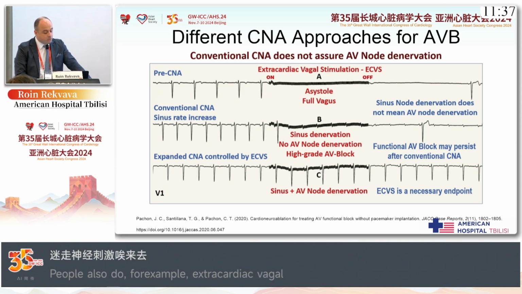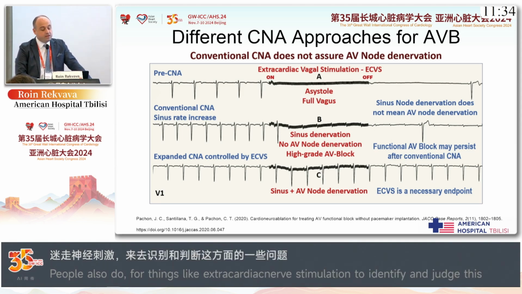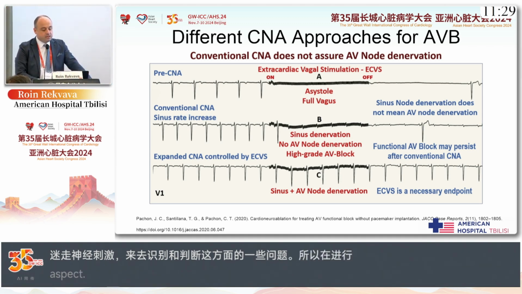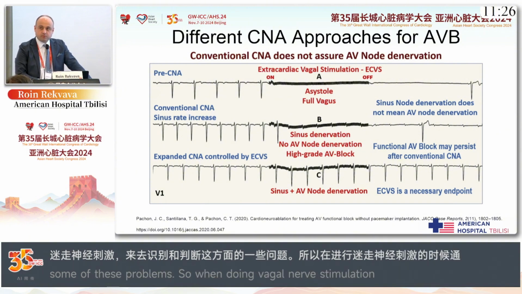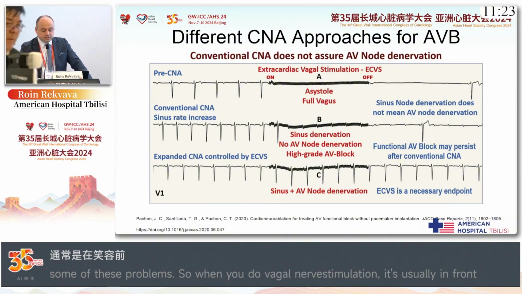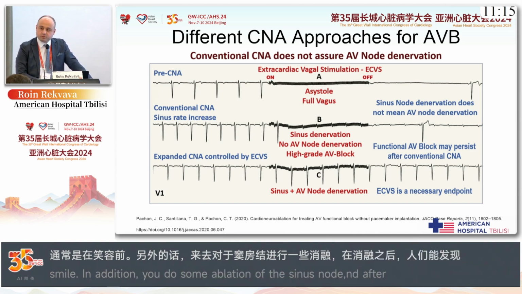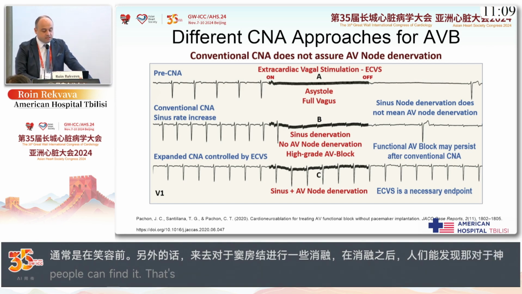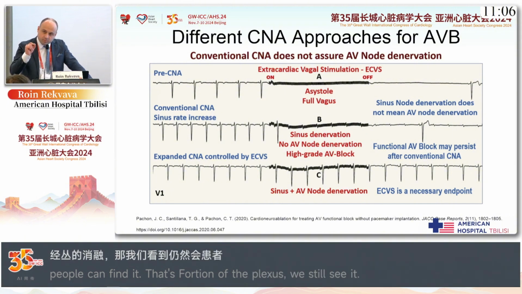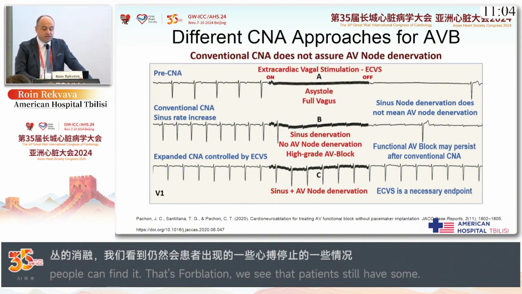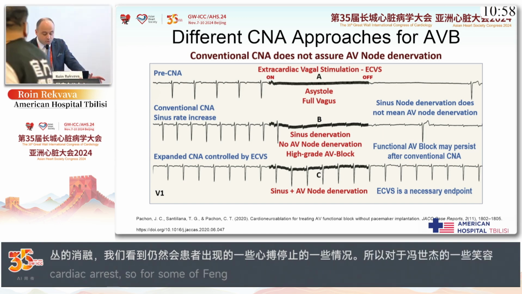And Pachon and co-authors showed that when they performed extracardiac vagal stimulation before ablation and did some ablation for the sinoatrial node, after the ablation they found they still had asystole. So they performed ablation for the AV node as well, and extracardiac vagal stimulation showed better results, no AV block.